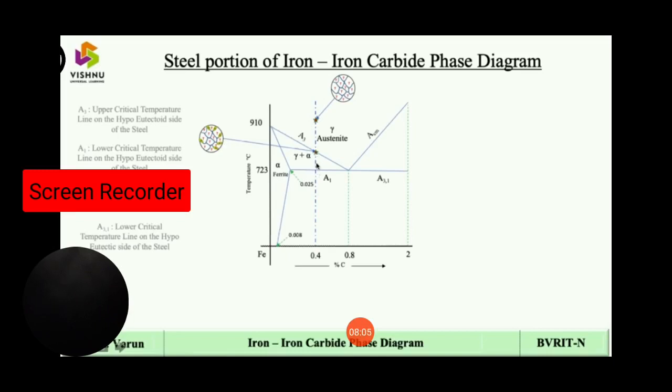So as it cools down, the amount of ferrite which is formed will only vary, but at the same time the rest of the austenite will attain more carbon, and it will try to attain the 0.8% of carbon, which is exactly required for the eutectoid reaction to participate.